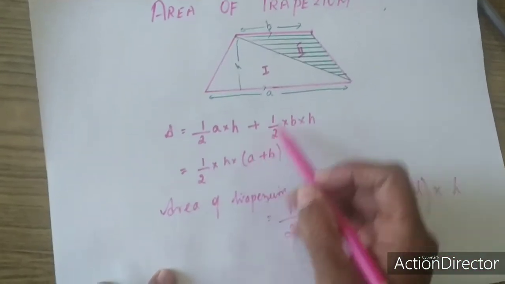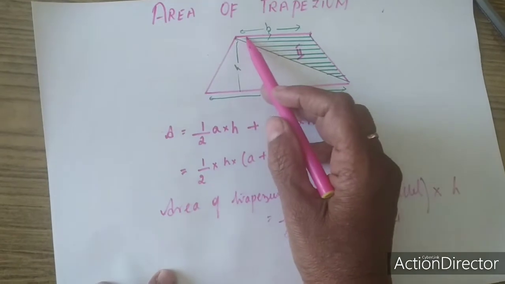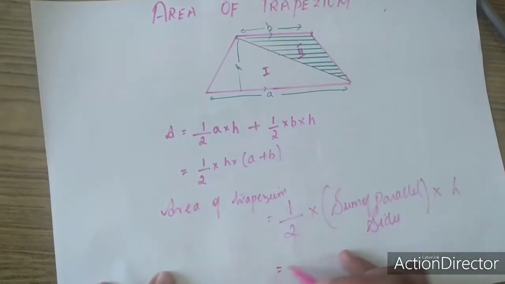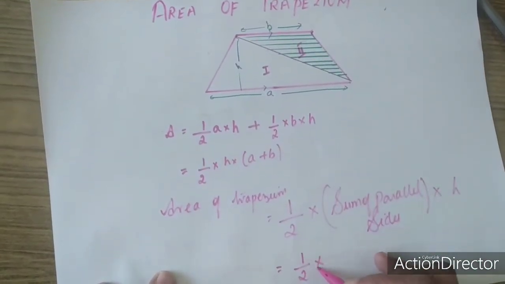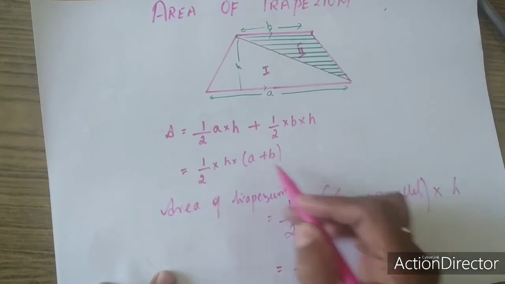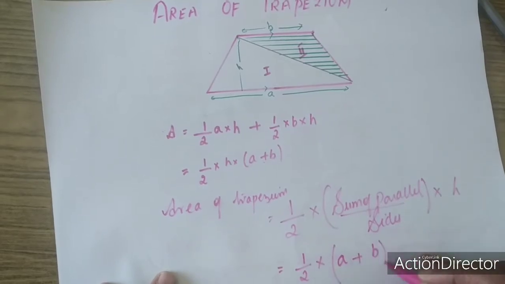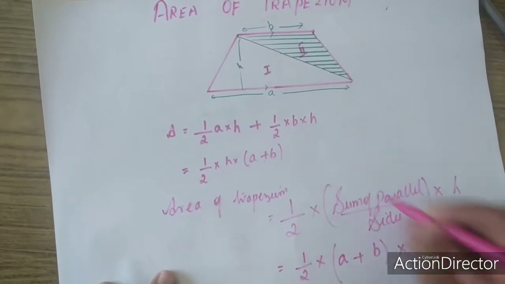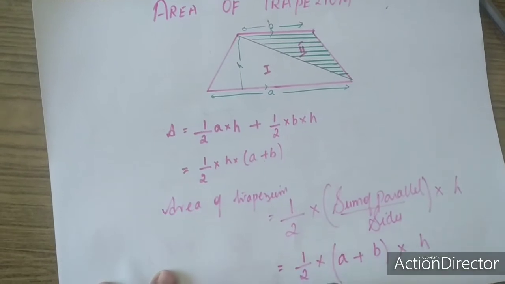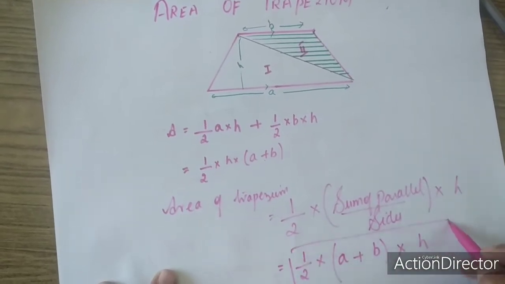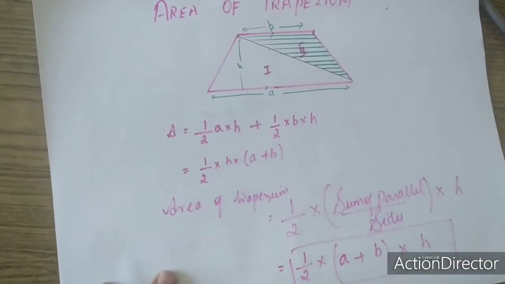Now because A is the length of one parallel side and B is the length of the other parallel side, this is equal to half into sum of parallel sides. Since you had plus sign over here, you have written sum of parallel sides, which is A plus B, into height of the trapezium. So this is how you derive the formula for area of trapezium.